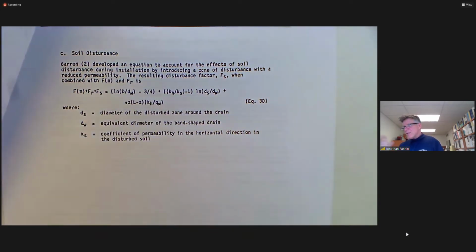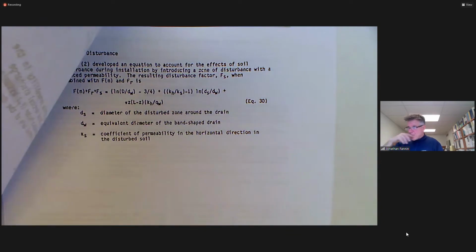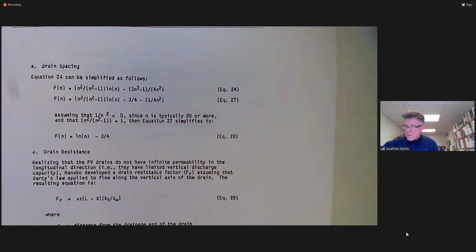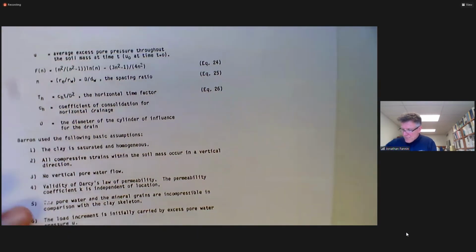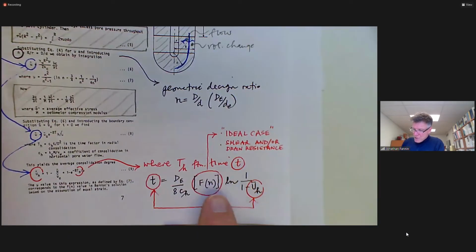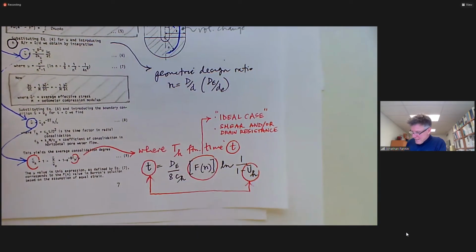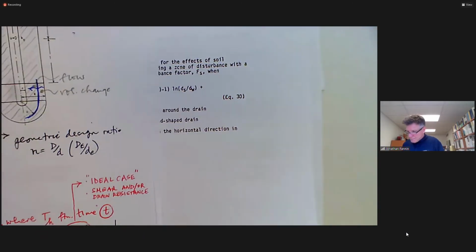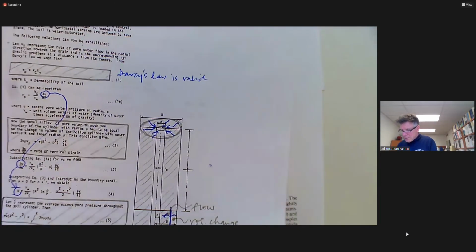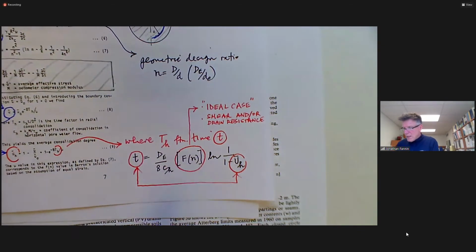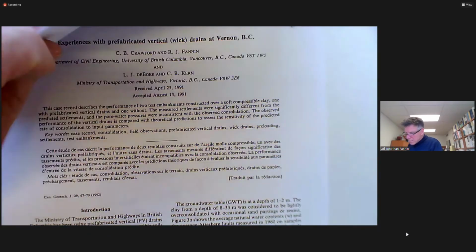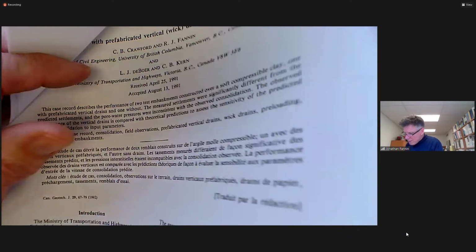So I just want you to get this feeling that, okay, Barron was working in the background with perfect cylindrical drains. Hansbo came along and modified it, and this is the equation we want to be picking up on. And that equation is what we're going to take to the case study, okay?